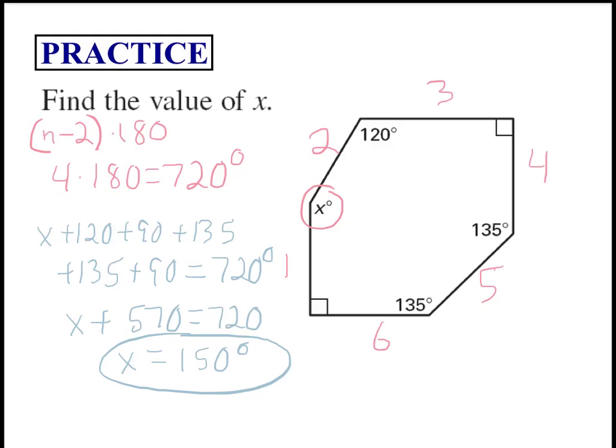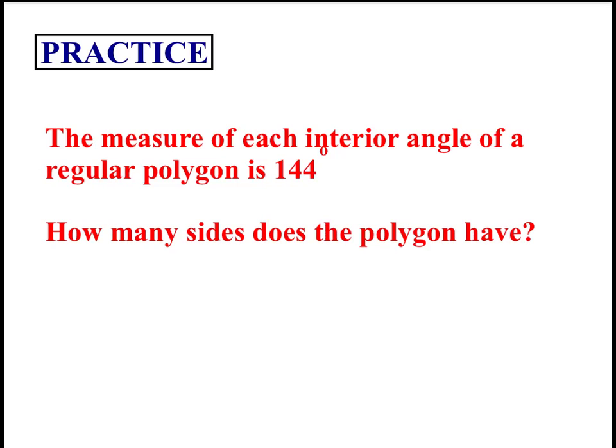In the previous two examples, I've shown you a picture and we've figured out what the sum of the interior angles is. Now we're going to look at a regular polygon and figure out how many sides a polygon has if we know the measure of each interior angle. Remember, regular means all the angles are going to be congruent.